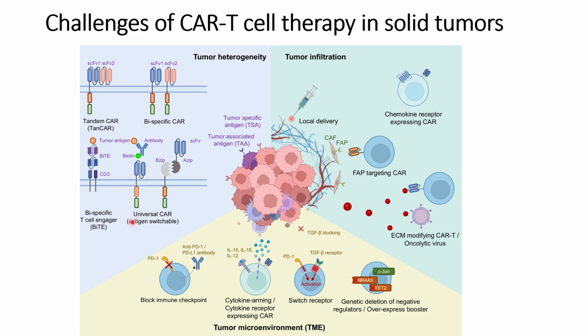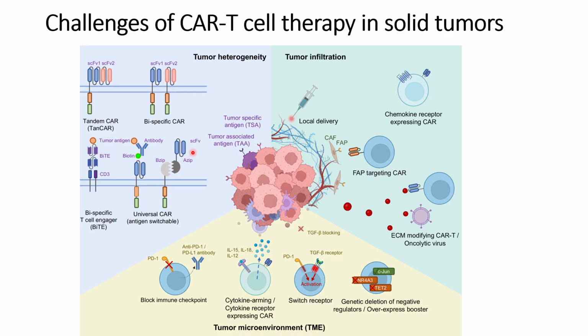The other way is the universal CAR, where they will switch the intracellular signaling functions. So, for example, in this case, we can see the single chain variable fragment interacting with the tumors.